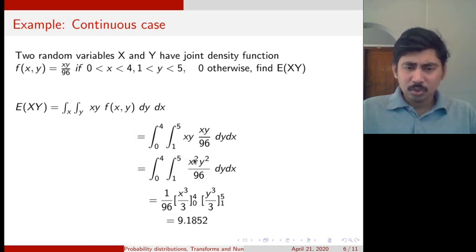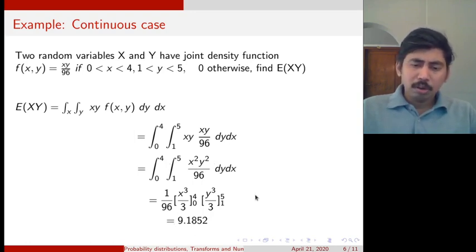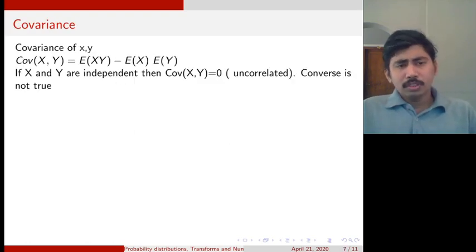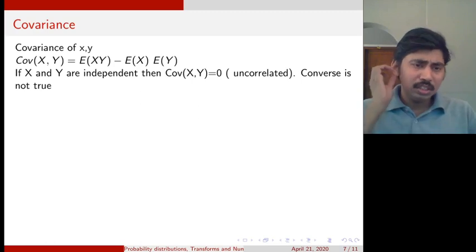First you integrate x square and apply the limits, and then integrate y square. That is also possible. Finally the value will be 9.1852.